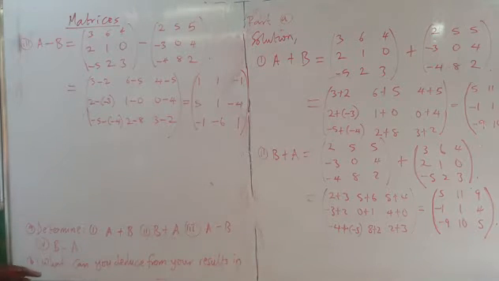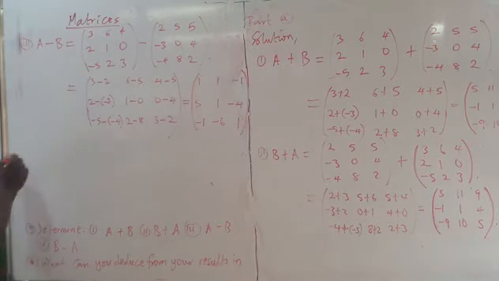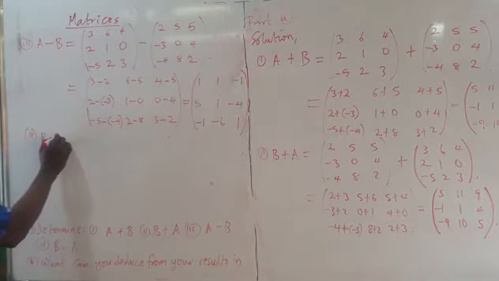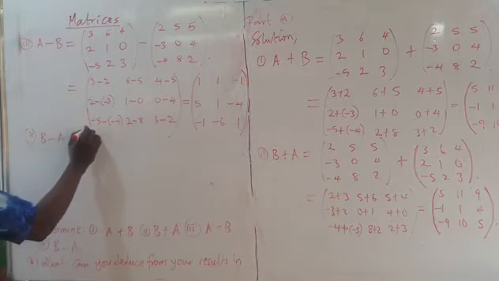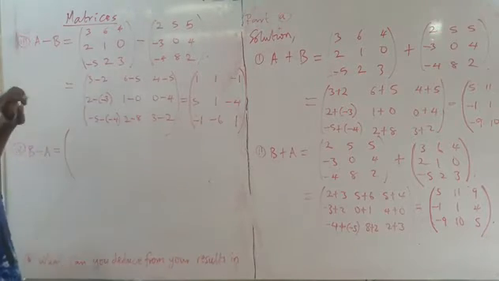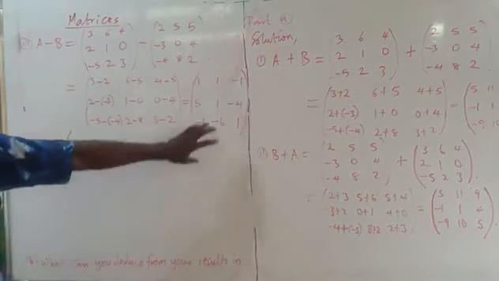Then the next one is B minus A. So we are done with Roman figure 3, which is A minus B. So we have this answer.